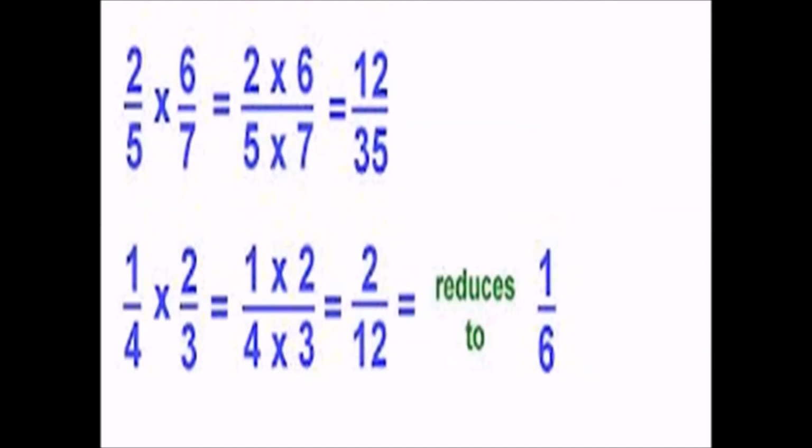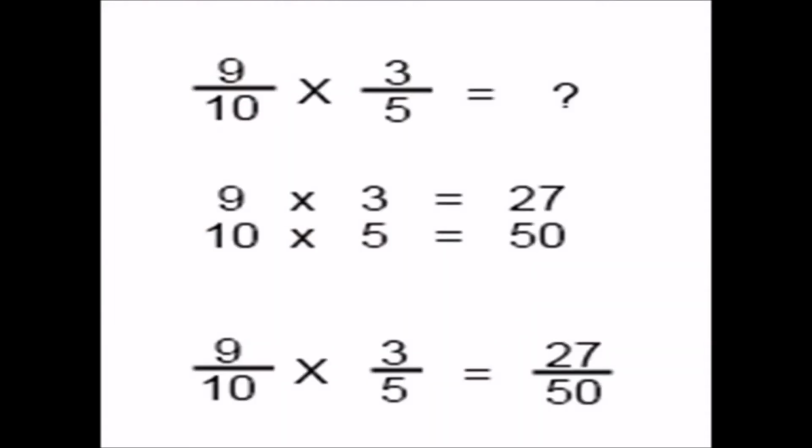If we had to multiply 1 by 4 into 2 by 3, it will be 2 by 12, which can be reduced to 1 by 6.